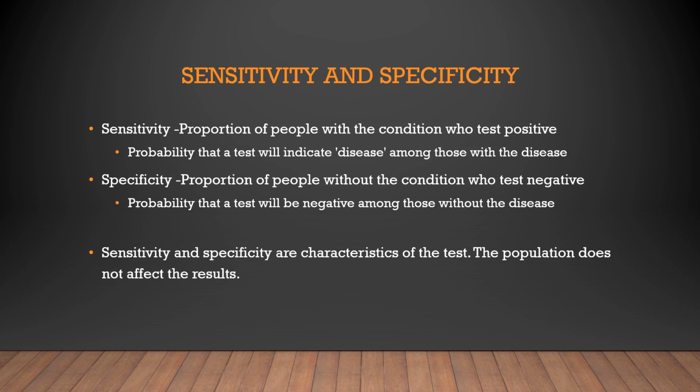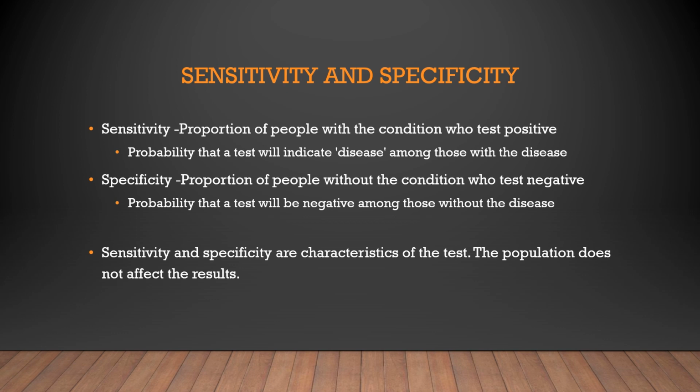So sensitivity and specificity. Sensitivity is the proportion of people with a condition who are testing positive, or in other words, the probability that a test will indicate disease among those with the disease. So there are people with the disease and you are doing the test, and among those, how many of them are actually going to be positive in the test.